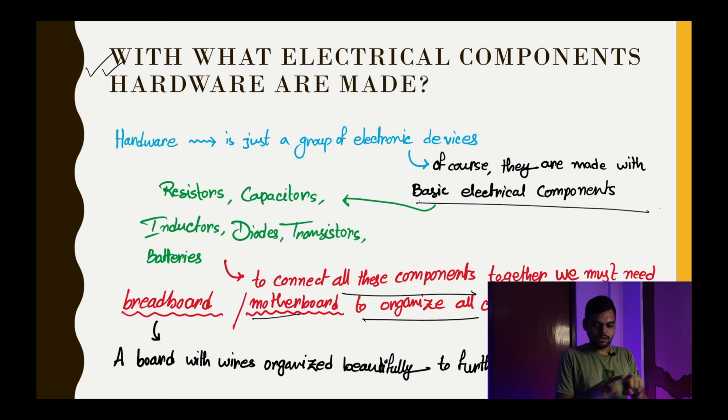You will have a motherboard for a smaller hardware. Inside it, you will organize each of those basic electrical components to create a CPU, or to create a memory, or to create an input unit, or to create an output unit.